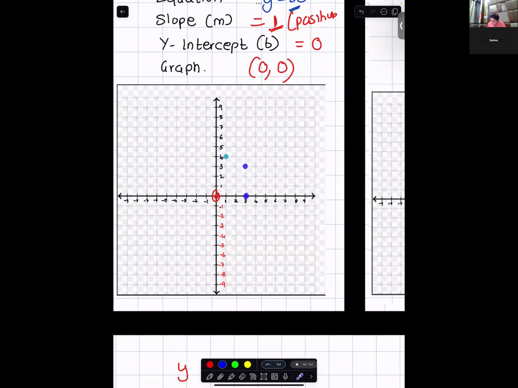You know that for any line that crosses the origin like this, the x coordinate is equal to the y coordinate. x is 3, y is 3. So this would be the next point.